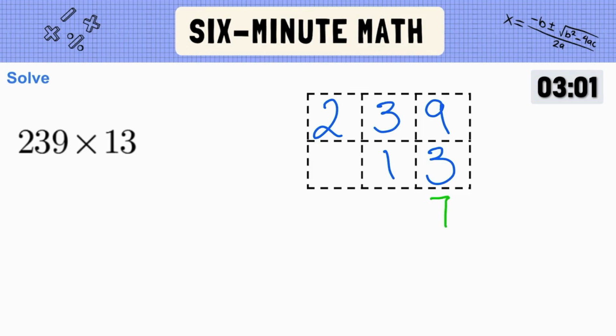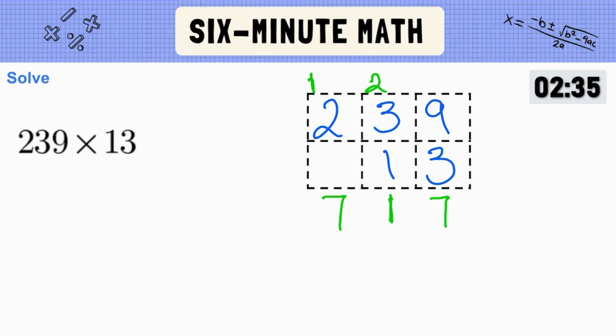So I'm going to say the 7 is there, and then I'm actually going to carry the 2. This will get added on. 3 times 3 is 9, plus the 2 is 11. So I'm going to drop the 1, carry the 1. And then lastly, 3 times 2 is 6, plus the 1 is 7.